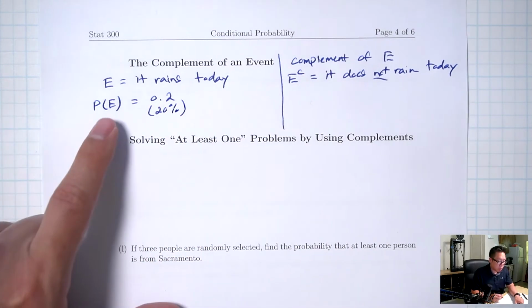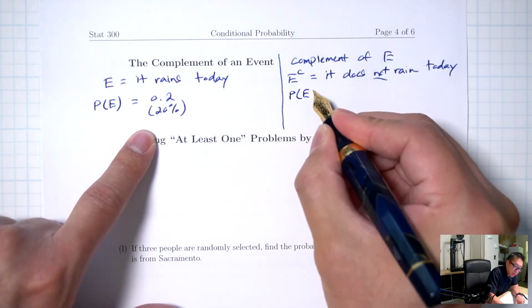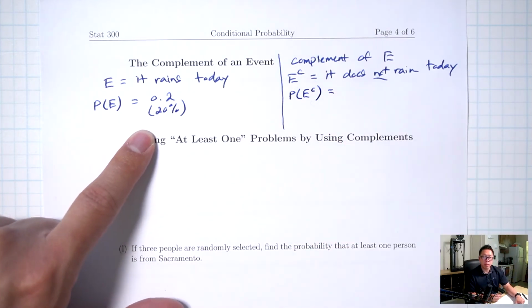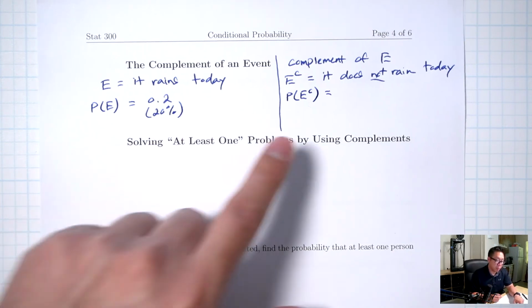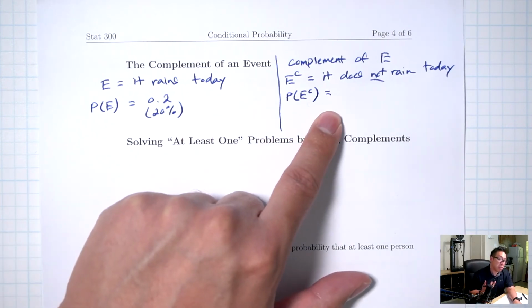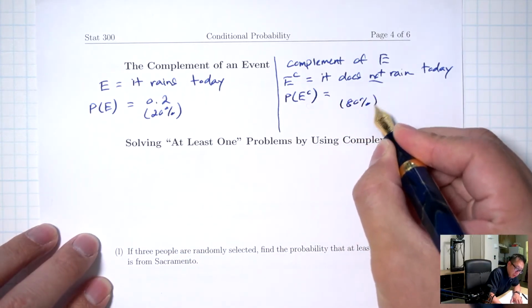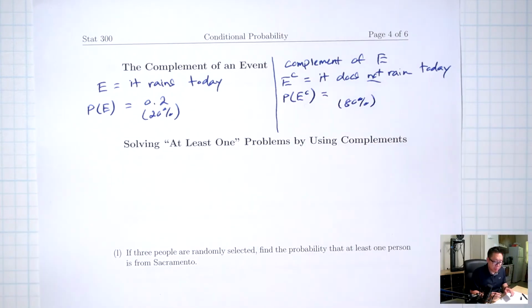So if you know that the probability of it raining today is 20%, what's the probability of it not raining? It would be the rest, which is 80%. And what math did we do to get this 80%?